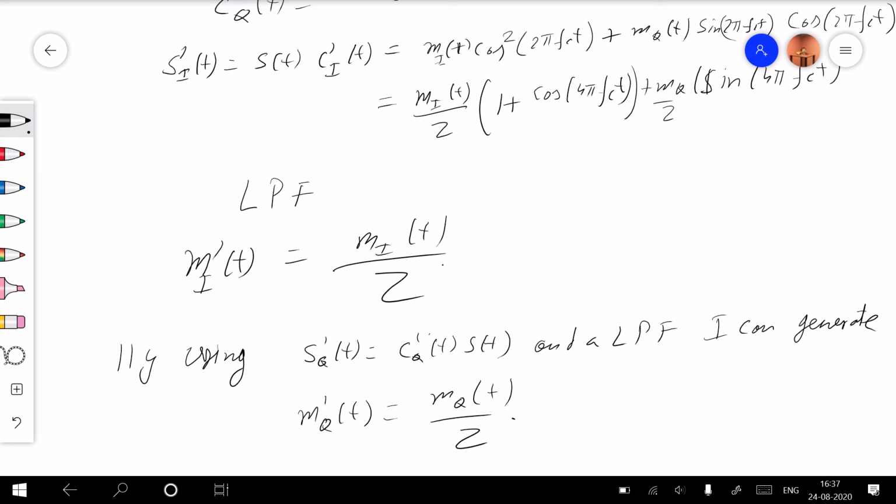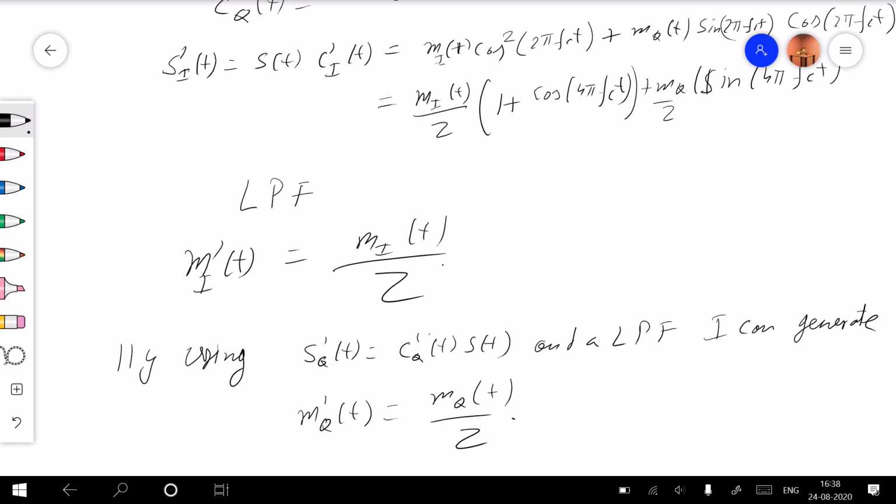Fine. So in the place of two signals, over this bandwidth 2W, I can now send two signals in place of a single signal. And these cos 2 pi fct and sin 2 pi fct are called orthogonal carriers.